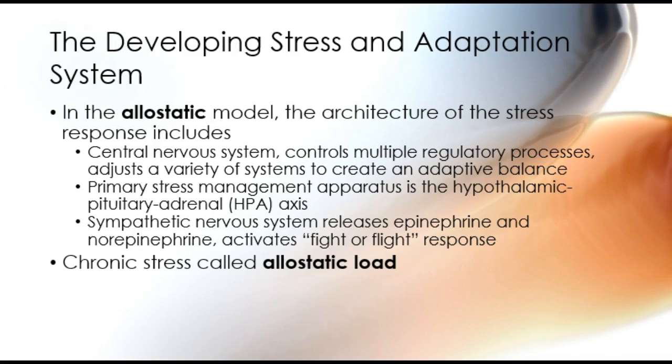Your nervous system, your immune system, and your endocrine systems are the primary interconnected networks that facilitate this adaptation process. We call the stress management apparatus the hypothalamic pituitary adrenal axis, or HPA axis.